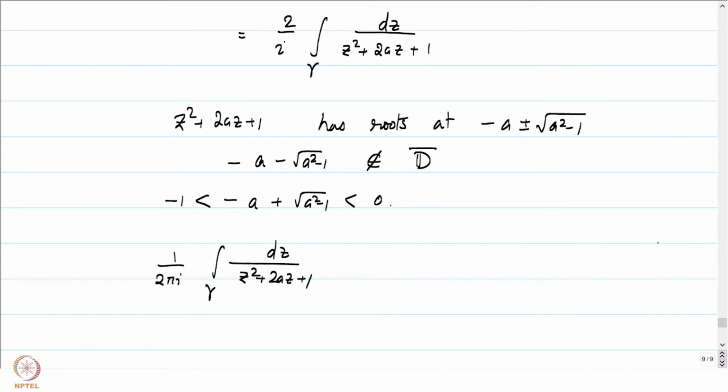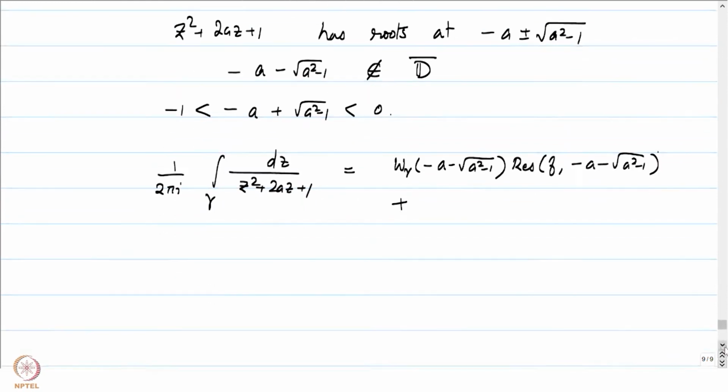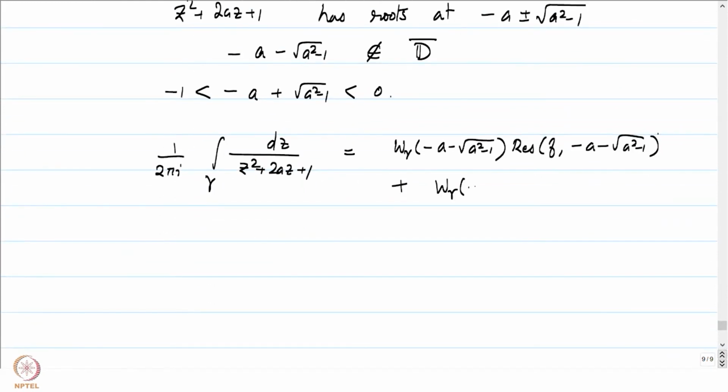If you look at this particular integral, this is going to be equal to w gamma of, what is the first point, minus a minus square root of a square minus 1, times the residue of f at the point minus a minus square root of a square minus 1, plus w gamma of minus a plus square root of a square minus 1 times the residue of the function f at minus a plus square root of a square minus 1.